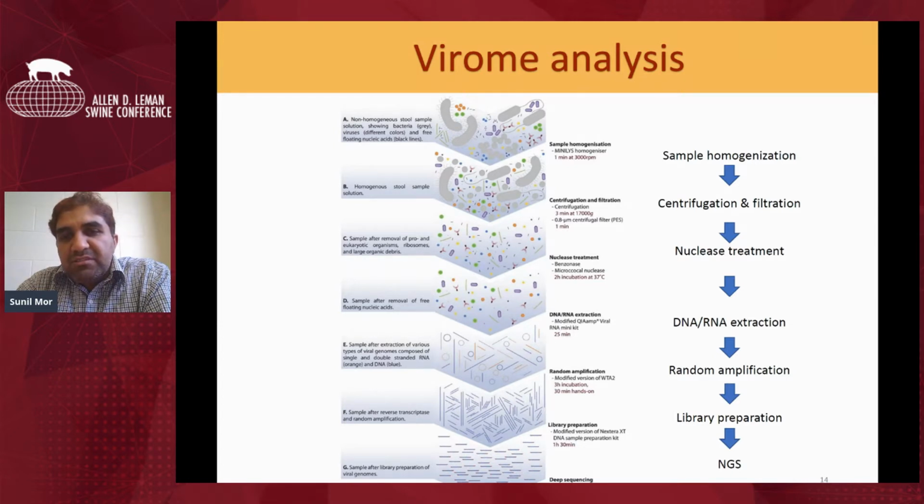Different protocols have been optimized, but commonly they are known as centrifugation, filtration, and nuclease treatment. So there are a lot of preparation steps before going for RNA or DNA extraction. It's important to know what our objective is for doing the NGS, so that these different steps can be applied accordingly.